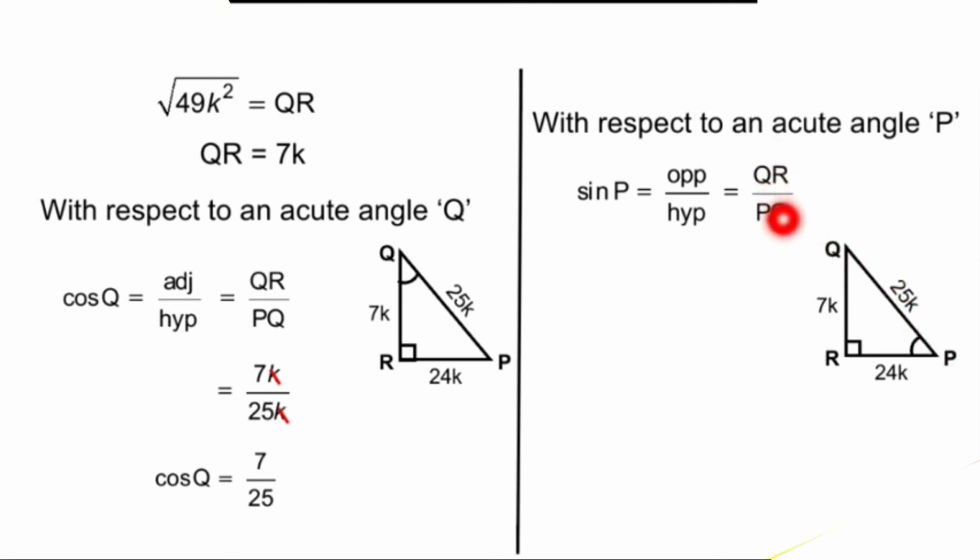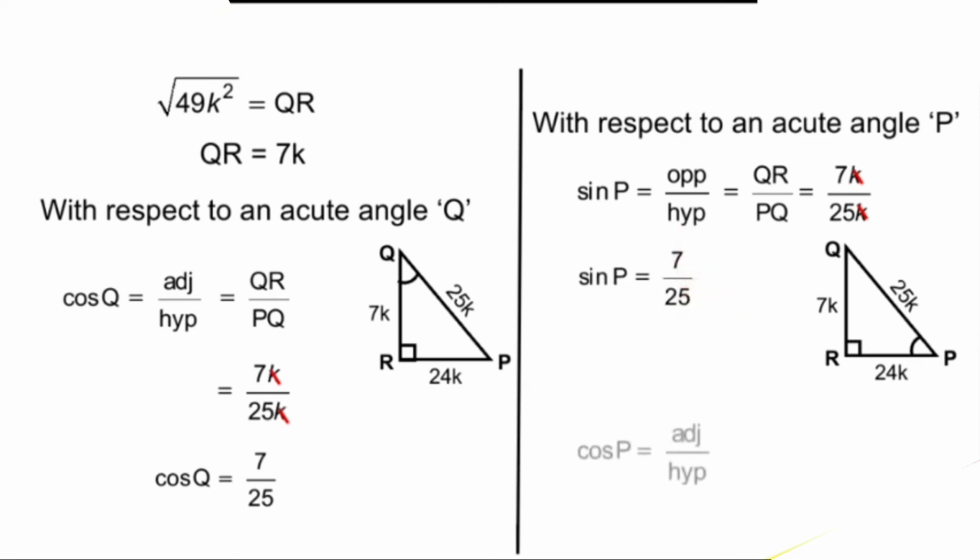By substituting the values of QR and PQ, we get 7K by 25K. Now let us cancel K from both the numerator and denominator. Then it remains sin P is equal to 7 by 25.